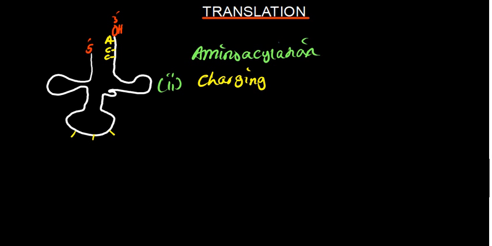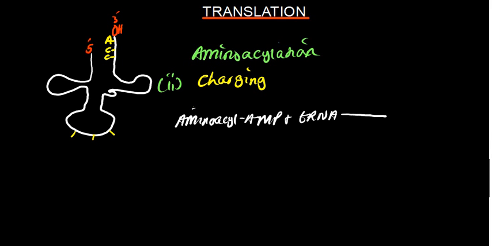So how is that done? In this case now, that amino acid AMP, or amino acid adenosine, will now react with the tRNA.